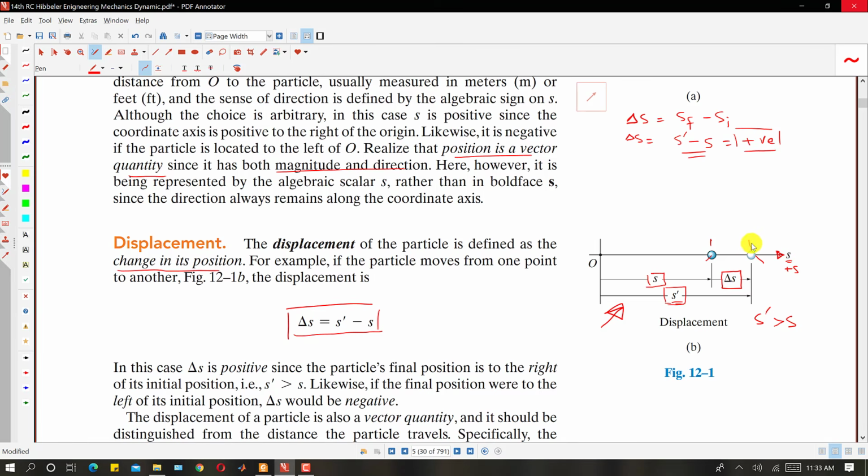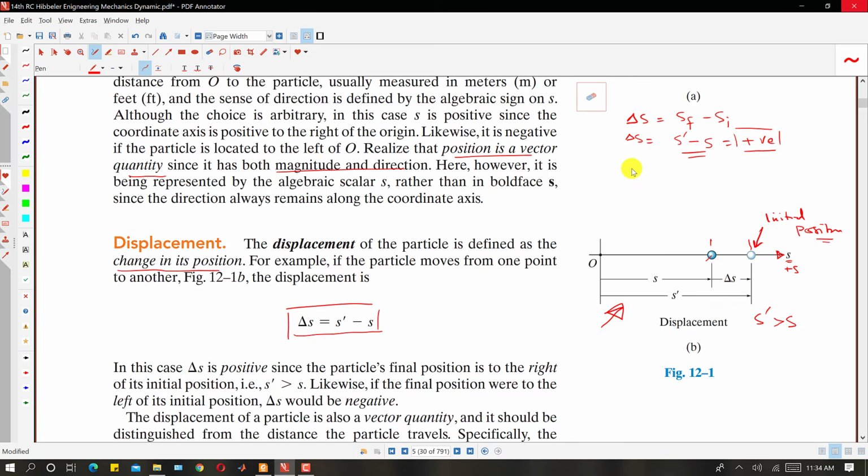Similarly, if the initial position of the particle is somewhere here, let me write that this is the initial position of this particle and this is the final position.